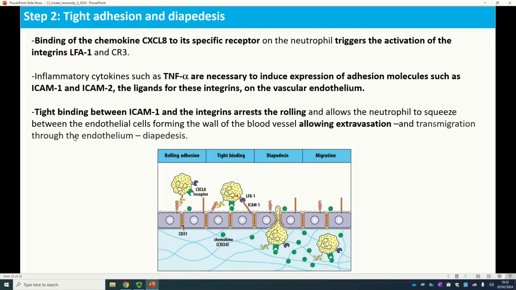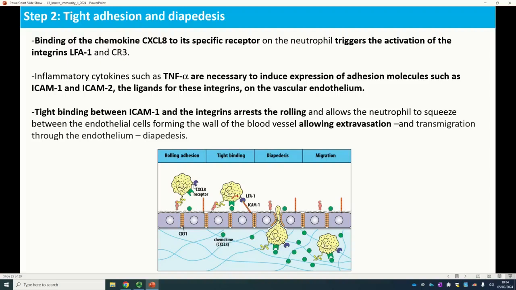Now, we were talking about that chemokine gradient, so we've got our CXCL8 that we talked about earlier, and that will start to bind to its specific receptor on the leukocyte, or on the neutrophil, and this will trigger the activation of various integrins. For example, you'll see here LFA1 will be expressed on the surface of that neutrophil.